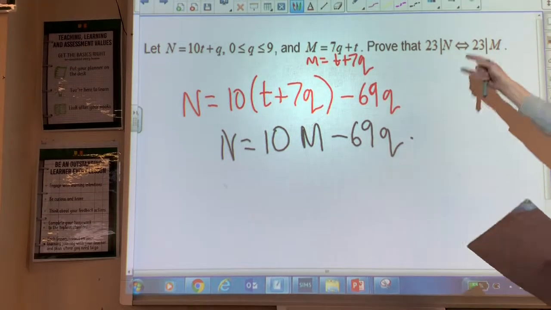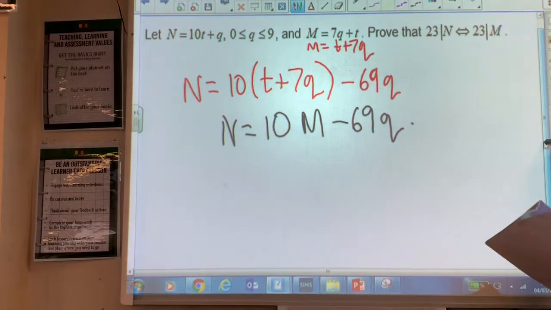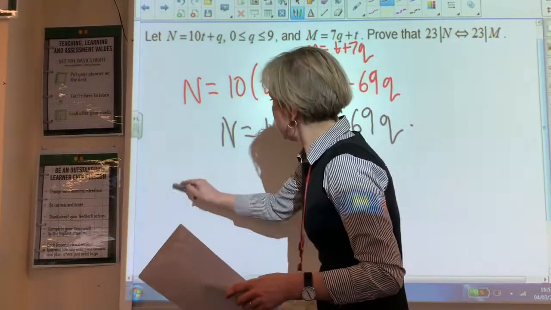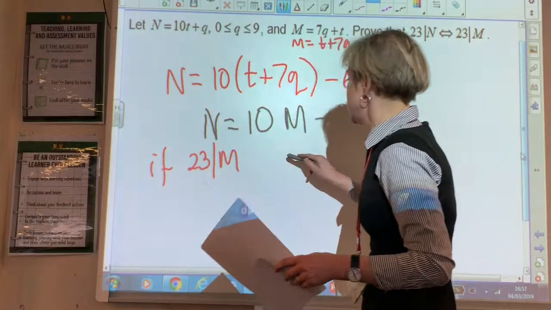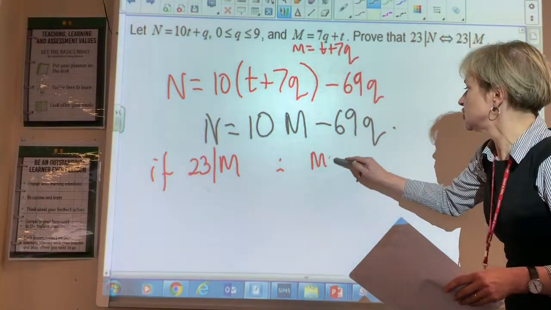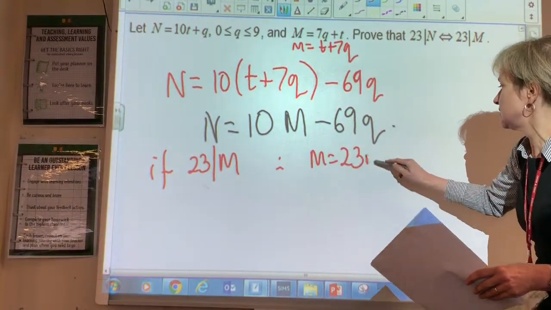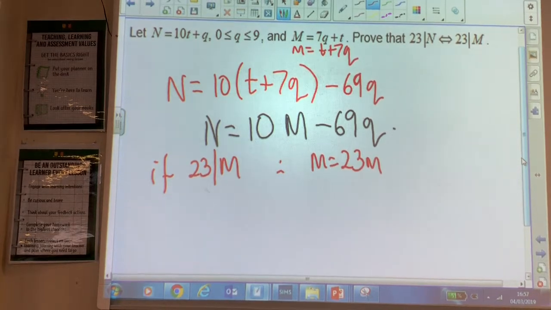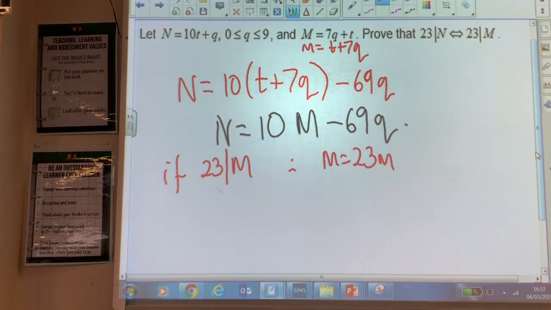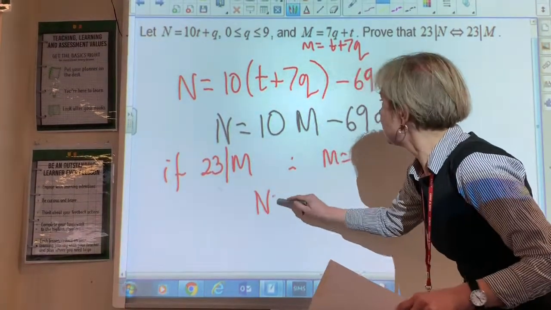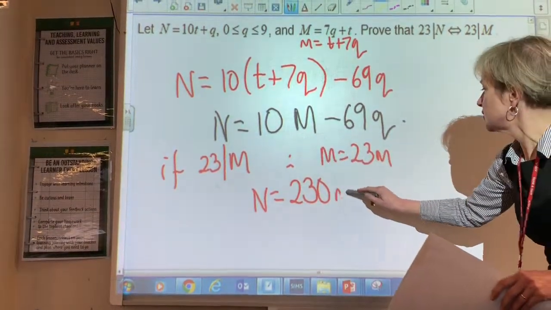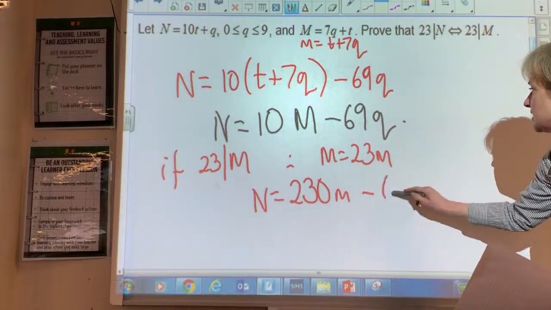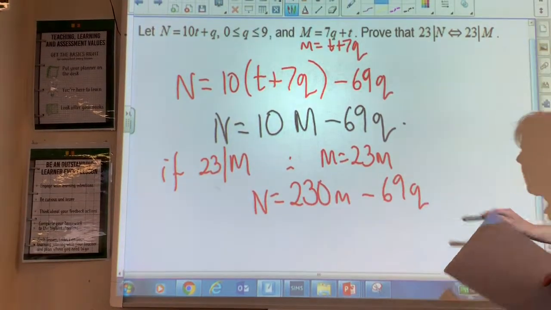Right, again, it's an if and only if. So first of all, I'm going to assume if m is divisible by 23, then I know, and you should be starting to feel quite familiar with this bit because we've done it loads, that m is a multiple of 23. So n will be 230 minus 69q.